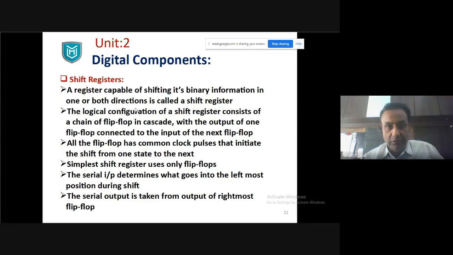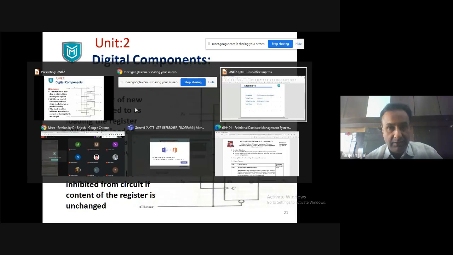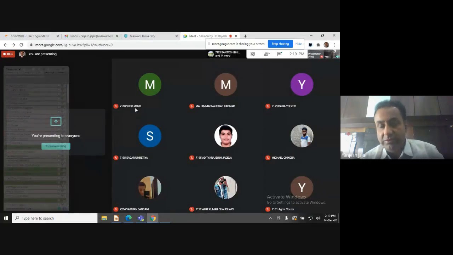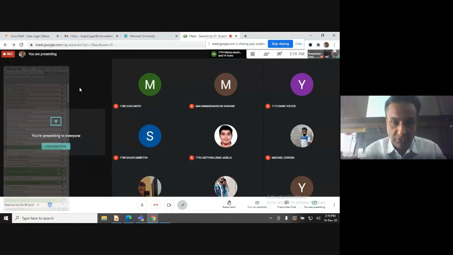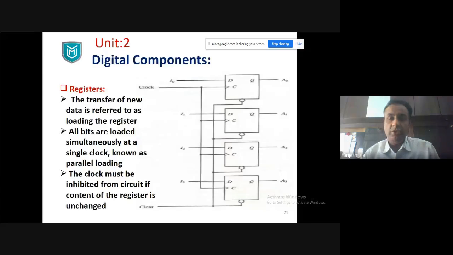Now we will move to shifting of registers, where we use shifting. Before we proceed to shifting, let us do one thing. We need to have a small practice exercise as usual. So all of you please keep your pen and paper ready, and I am showing you the diagram.